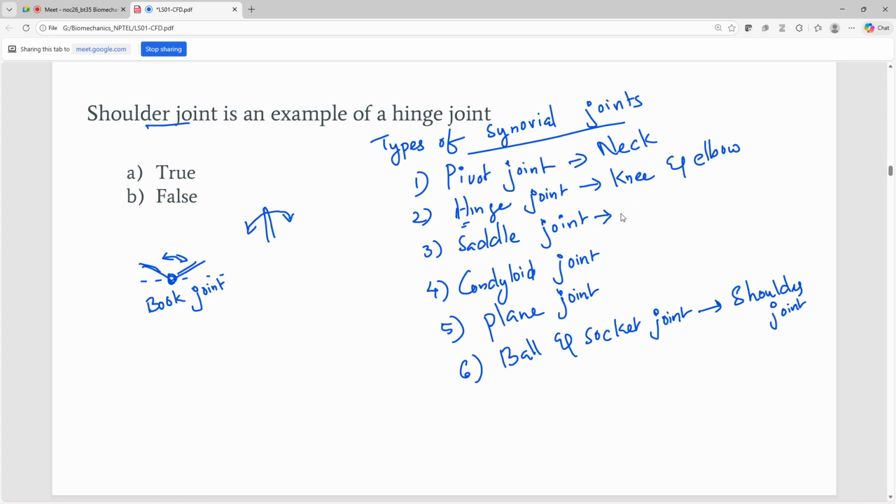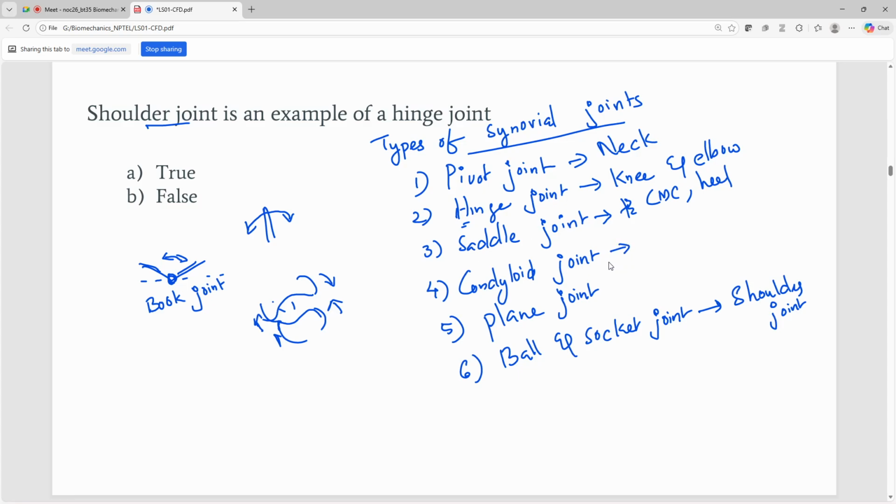In the heel also, CMC joint also has saddle joints. So saddle is like if you think of a horse saddle and one person sitting above that. So that is a particular motion. This is the kind of shape. Both joints can move around in these directions. So that is what saddle joint is.